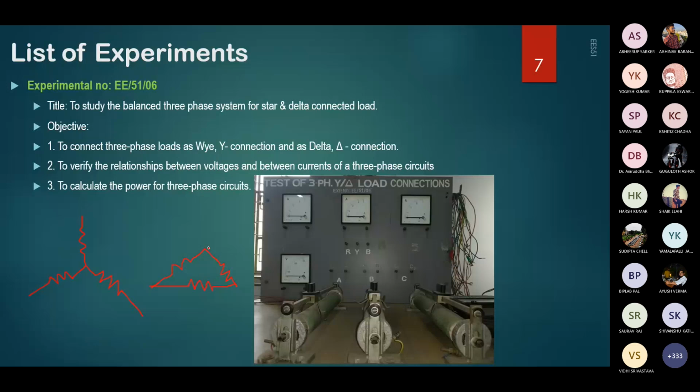So they will be connected like this, these three rheostats. That's it. And we will measure what would be the power for this three-phase circuit. Is it okay now? And there will be a neutral wire.